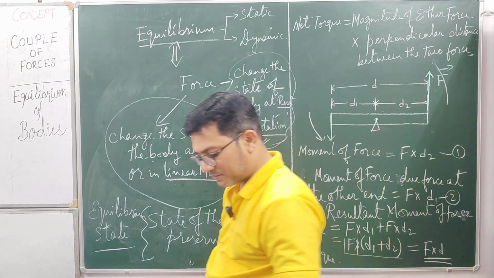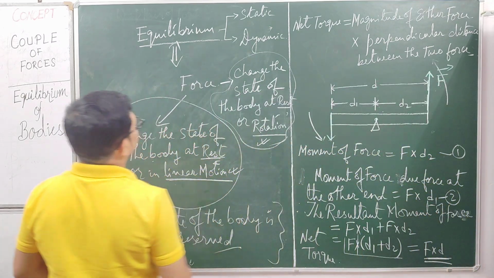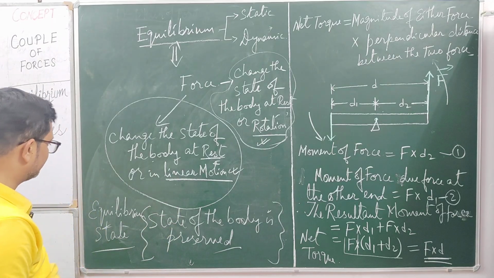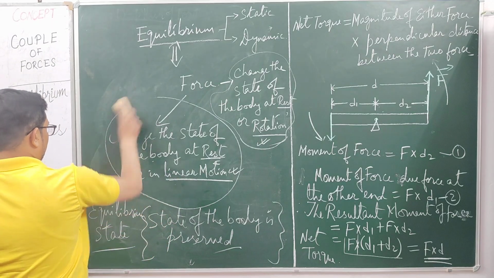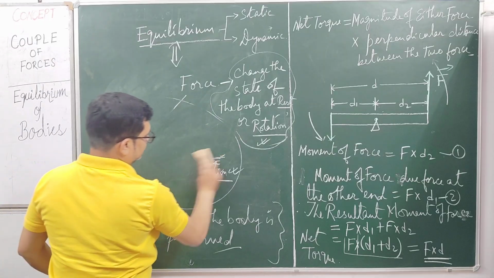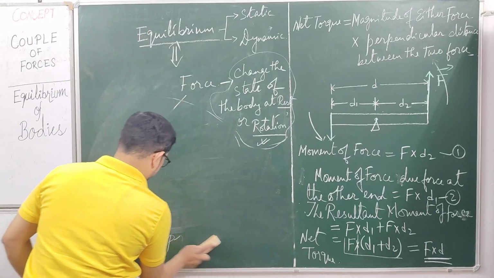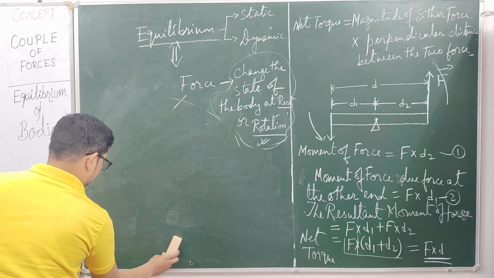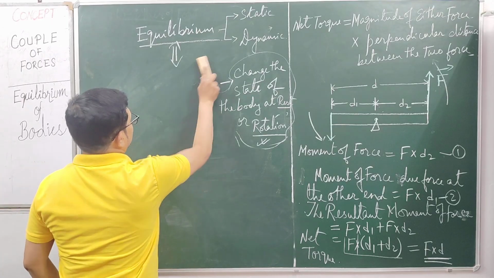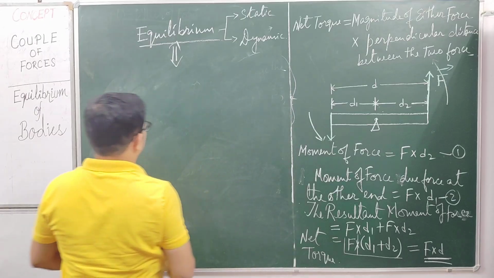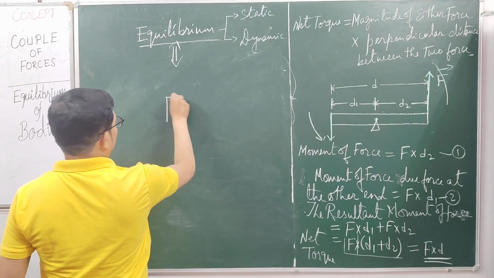Now let's understand one by one what we mean by static and dynamic equilibrium. You can take note of this, and then we'll check the situation when the body is at rest in a static position. What are the forces acting on the body when it is not moving, although there are multiple forces acting?